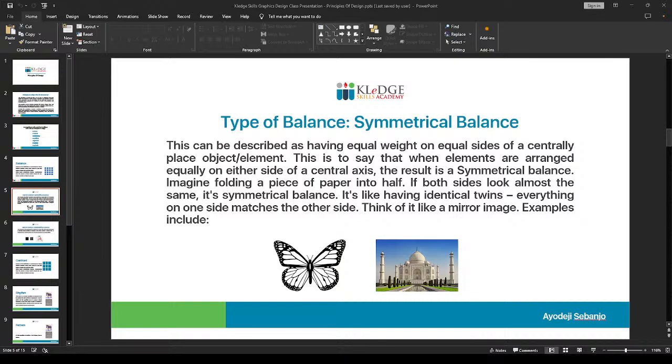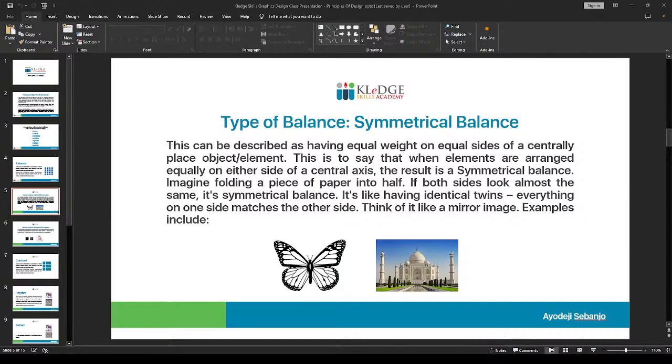You can already imagine that it will be difficult for the butterfly to fly. That is the principle of balance. So balance enables us to feel a design properly. It creates a structure in a design. That is what balance does.